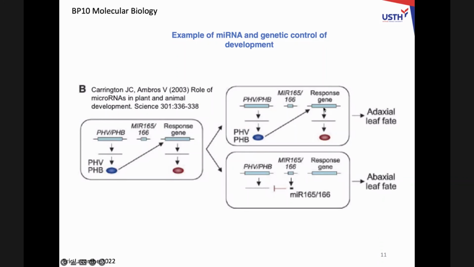These response genes are going to be transcribed and translated, and when these proteins are translated, the cell type will be the adaxial leaf fate. If a cell does not express this red gene, it will be in the situation of the abaxial leaf fate. Do you understand what I mean?